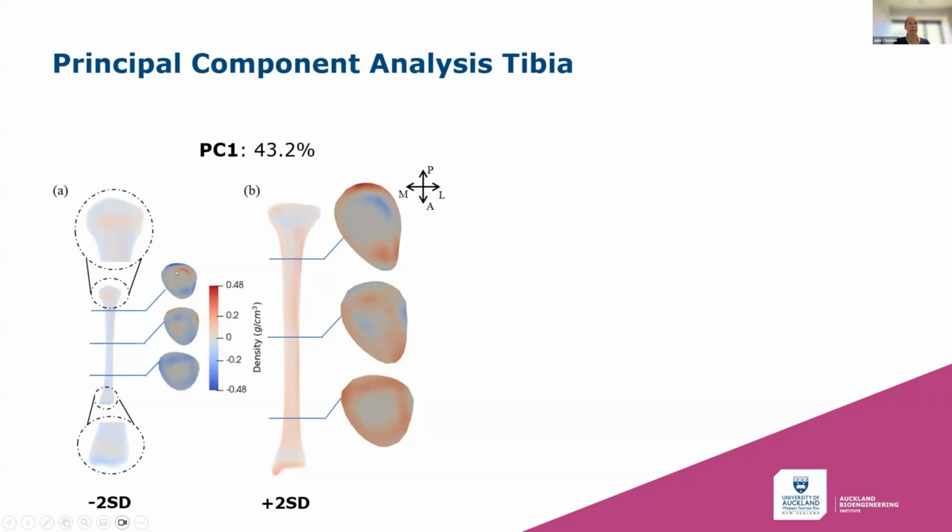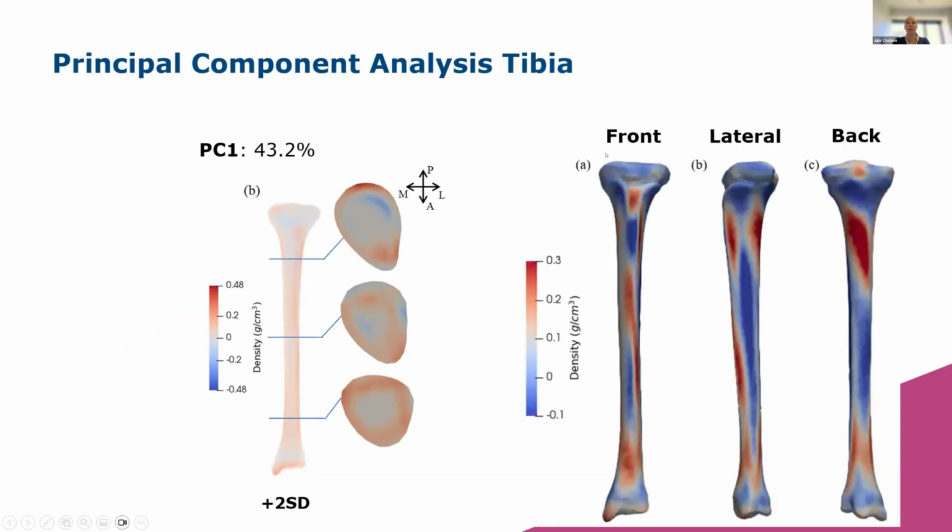And looking at the 25%, 50%, and 75% of the shaft, and you compare the two, you can see that you have a big change in shape between the two, with a tuberosity that appears later in life.